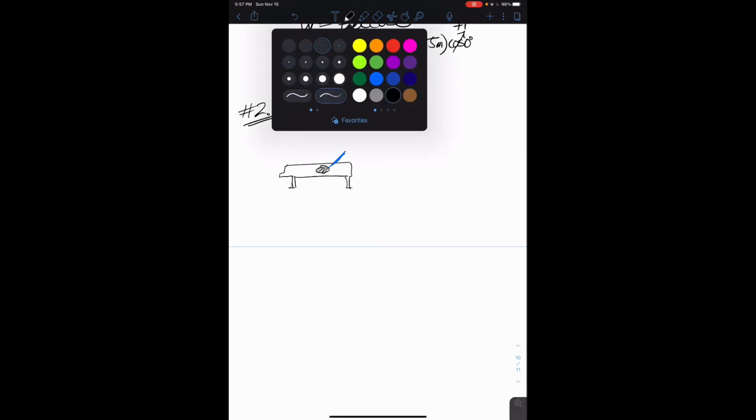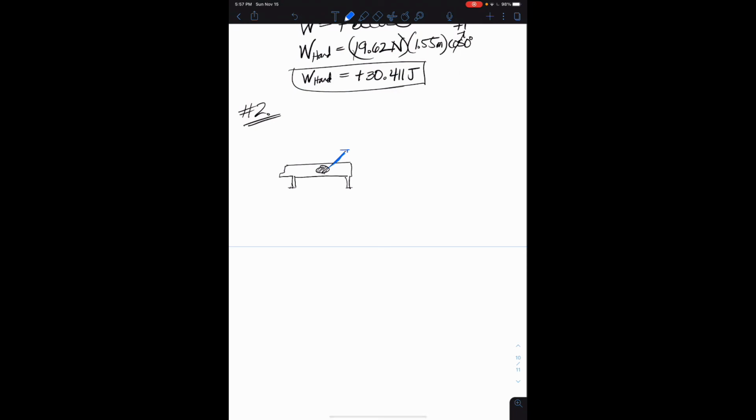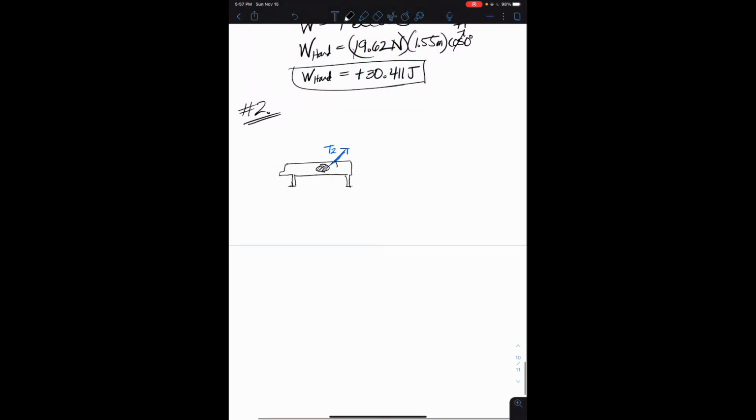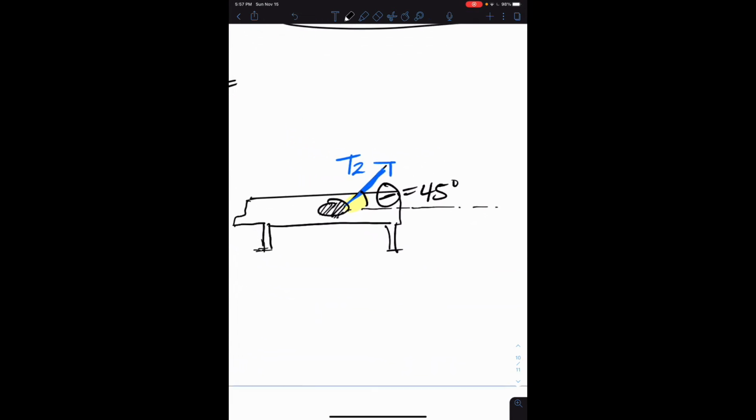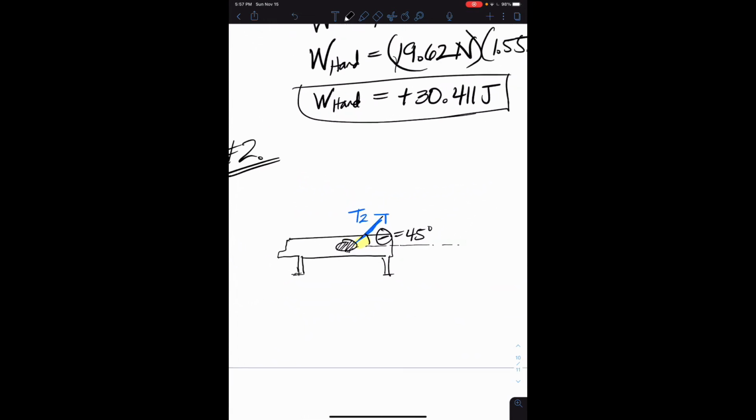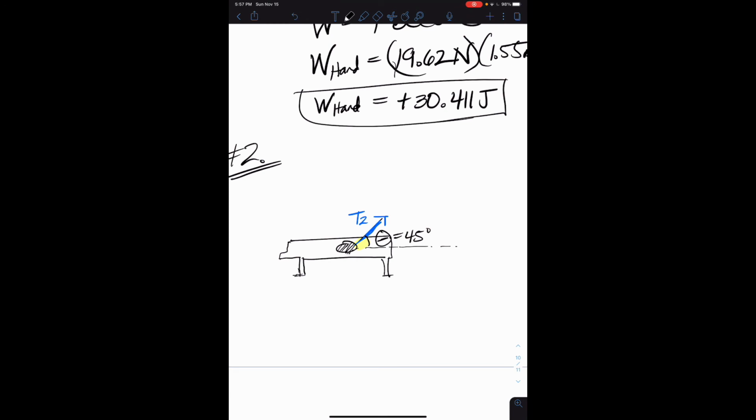Okay, so this blue tension is T2, and this is at an angle of 45 degrees to the horizontal. So this yellow angle, we'll call theta. Might have gotten a little carried away with the size of that theta. That's okay. We'll see how it goes.